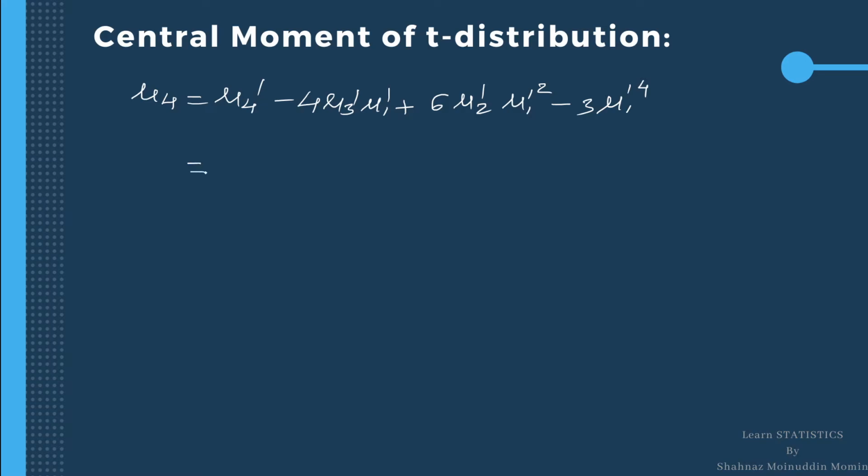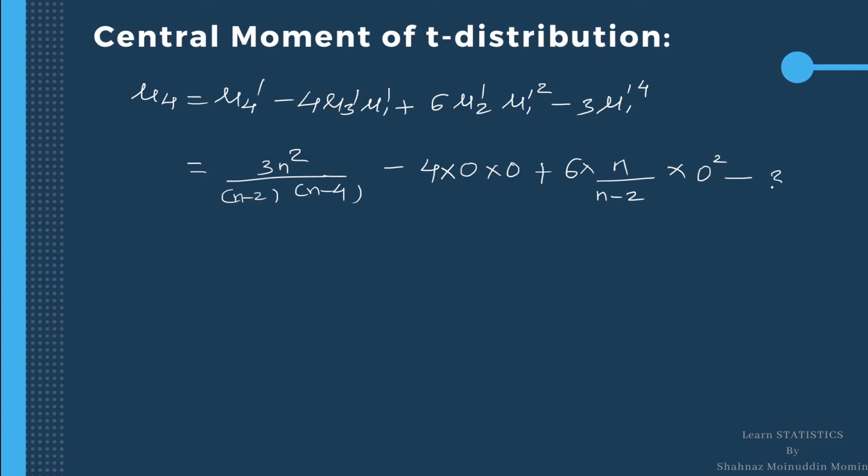By substituting the values of first four raw moments in mu4, the fourth central moment, we get mu4 dash is 3n square divided by n minus 2 into n minus 4, minus 4 into mu3 dash which is 0 into mu1 dash which is 0, plus 6 into mu2 dash which is n upon n minus 2 into mu1 dash which is 0, 0 square, minus 3 into mu1 dash 0.